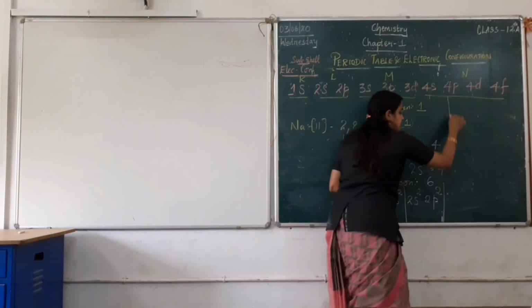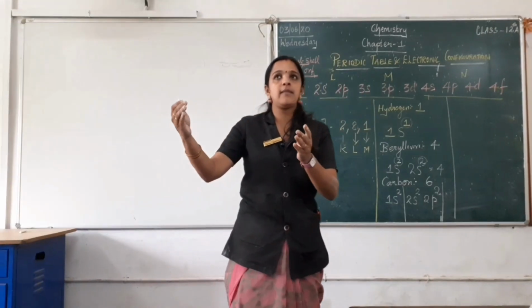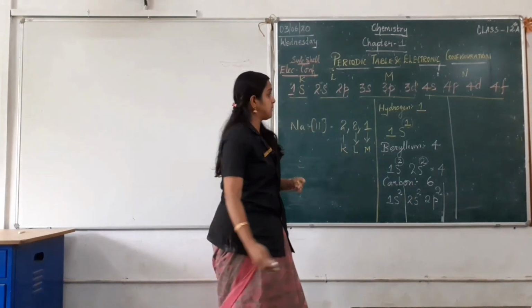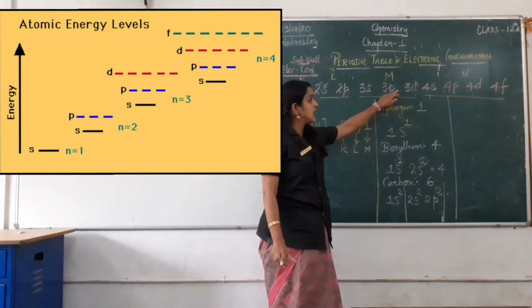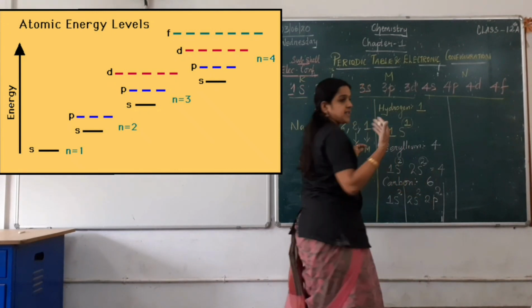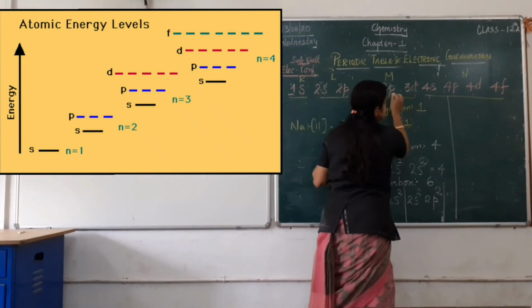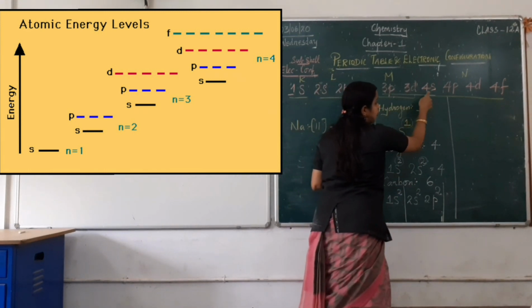See, this will be very simple when we are writing elements till, say, potassium and calcium. But when we go to D block elements, there is a small difference in the energy level. You will be seeing this in the energy diagram in your textbook. This is the energy level: 3s, 3p, 3d, 4s.